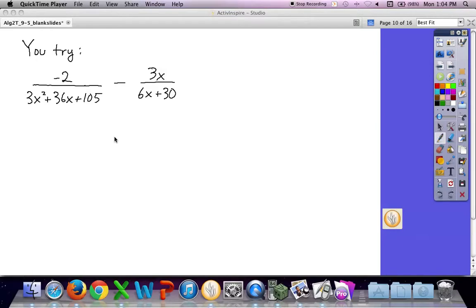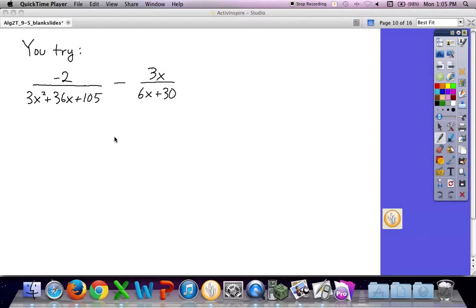So this is the U-try, which we may or may not have gotten to in your class, but I'm going to do it here just so you have another example of subtracting rational expressions. So the first step, as always, is to factor the denominators.